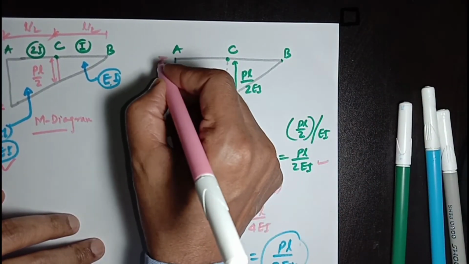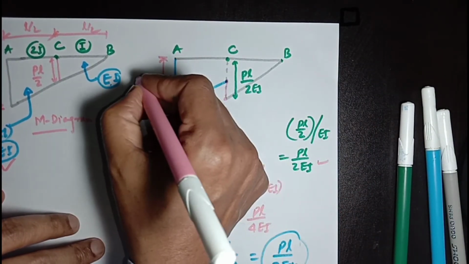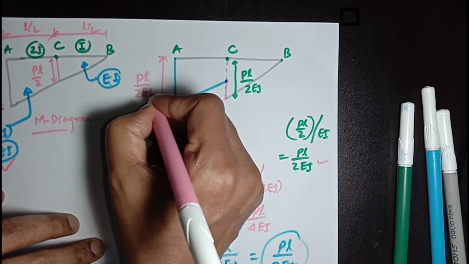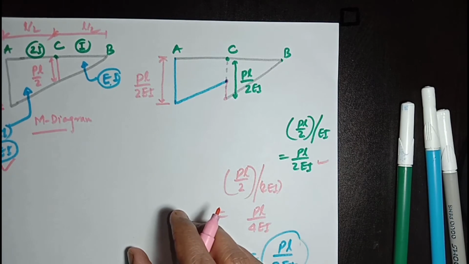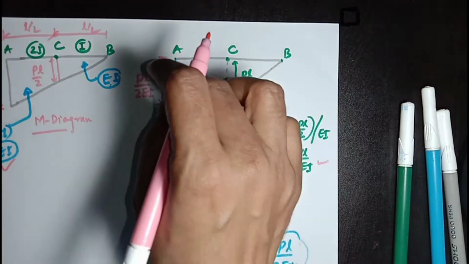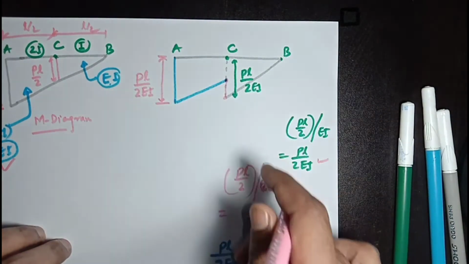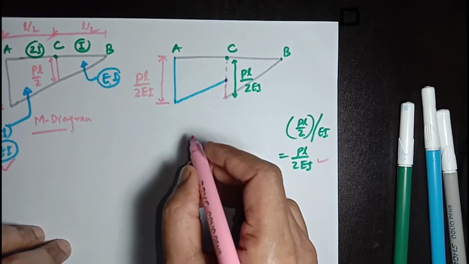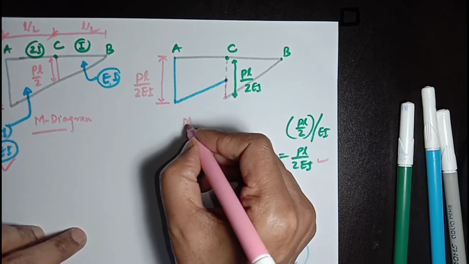This value will be PL divided by twice EI, since the bending moment has been divided by the constant flexural rigidity of twice EI at A. I hope you have understood how to draw an M over EI diagram. This is the M over EI diagram.